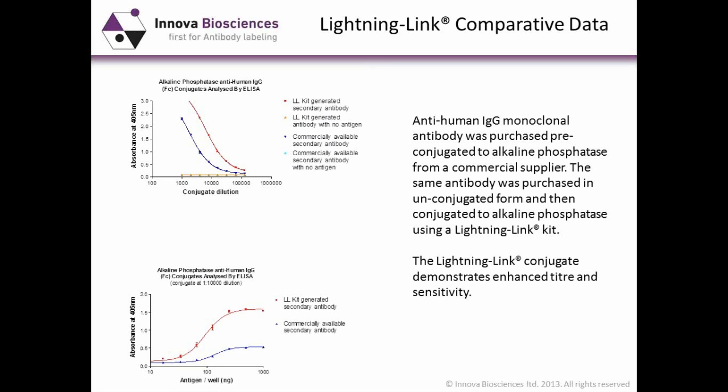Using the same data but just expressing it differently, at the bottom with the conjugates at a 1 in 10,000 dilution, you can titrate the amount of antigen per well on the x-axis, and you can see that with the LightningLink generated antibody you can get more sensitivity and detect less antigen per well than you can with the commercially available secondary antibody.